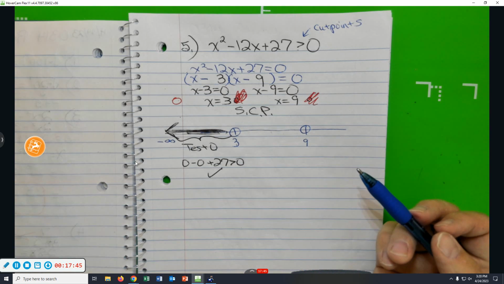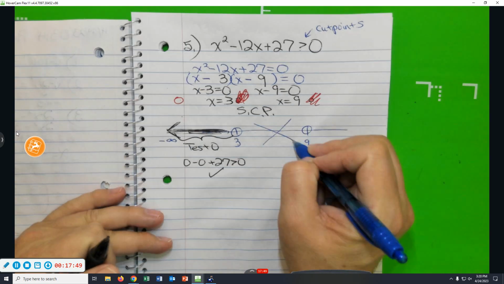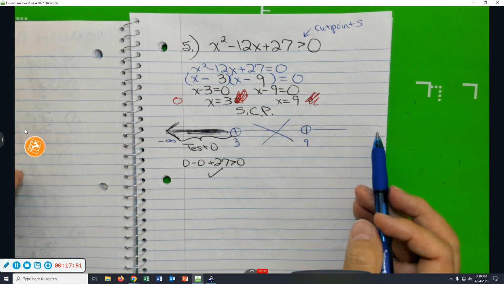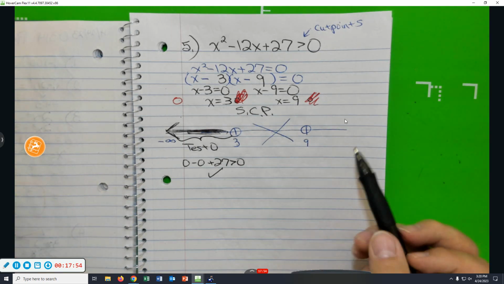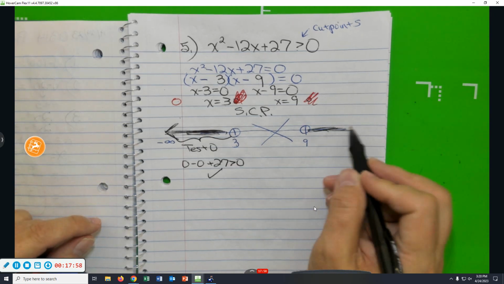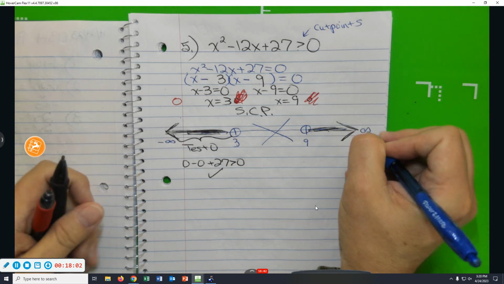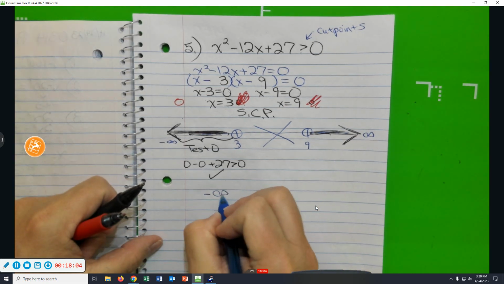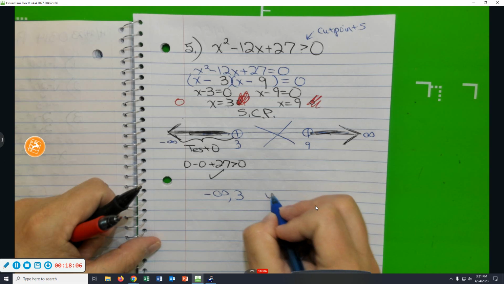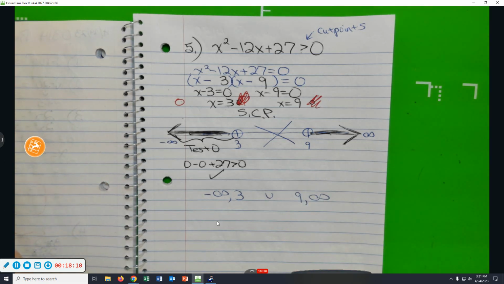If we had tested 4, 5, 6, 7, or 8, we'd cross it out. If we tested 10 or 50 million, true or false? Okay, so negative infinity, comma 3, union 9 to infinity, but I think we need something else.